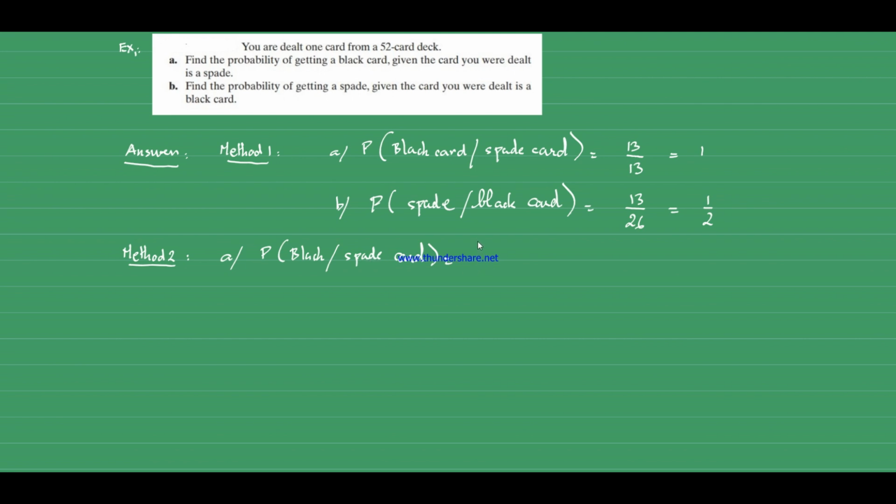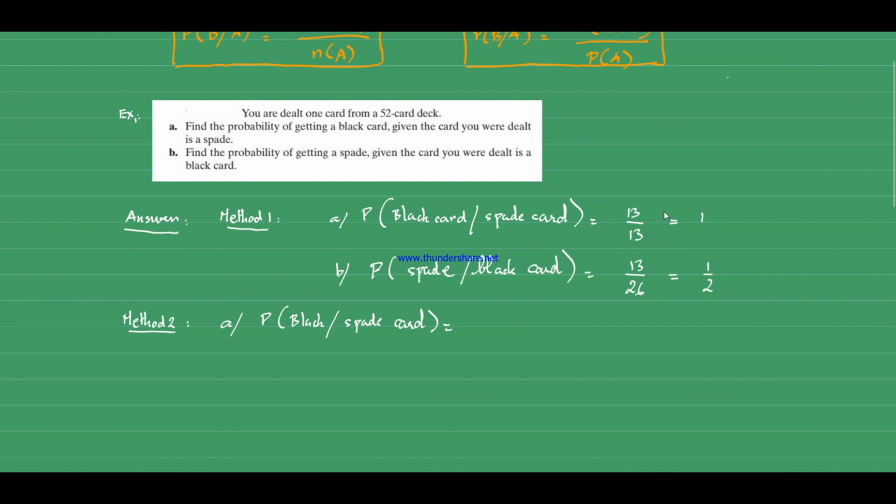Black and speed at the same time, we have only 13 of them, right? So 13 over 52, and you divide by the probability of the speed car, which is 13 over 52 also.